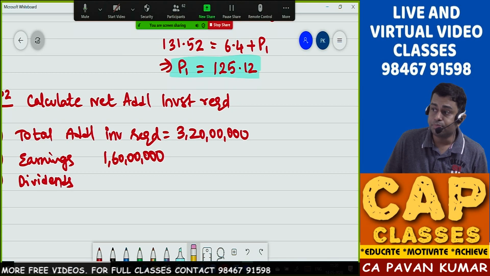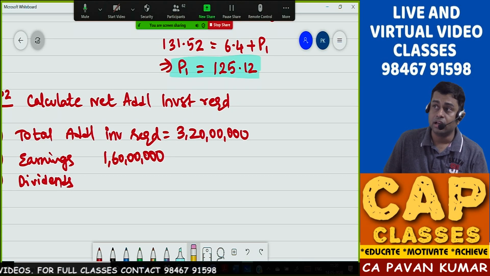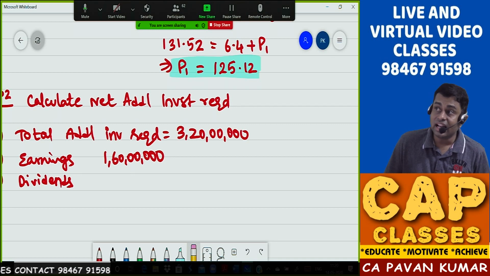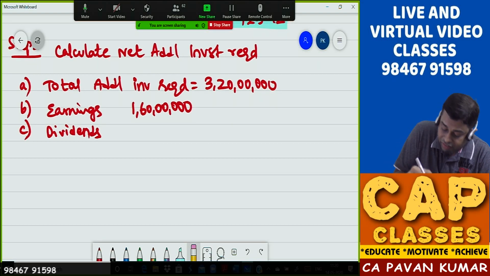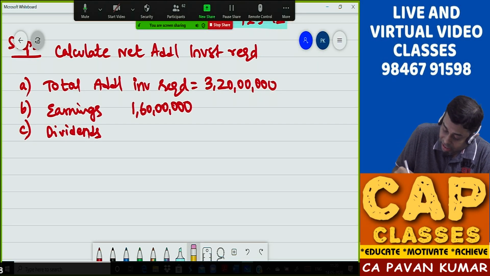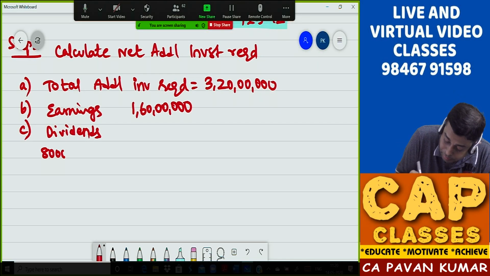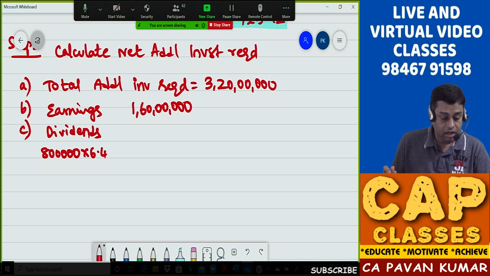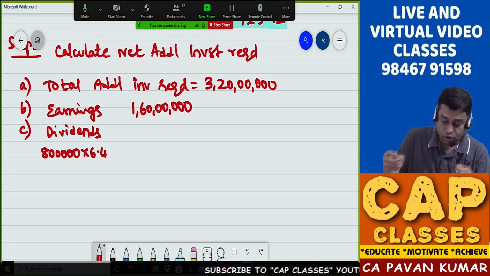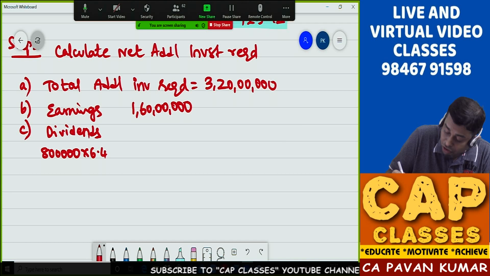Correct? 6.40 is the dividend you are paying. Total, how many number of equity shares are there in the company? 8 lakh equity shares. So dividend is 8 lakh equity shares into 6.4. So take your calculator. 8 lakh shares into 6.4 rupees dividend you have paid. So 51 lakhs 20,000 you have paid as dividends.